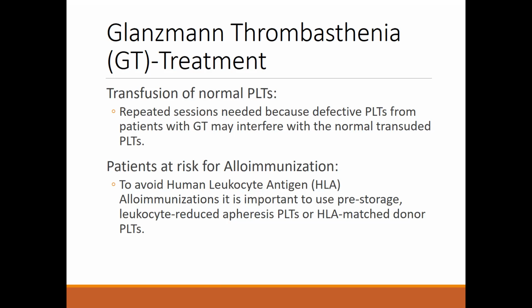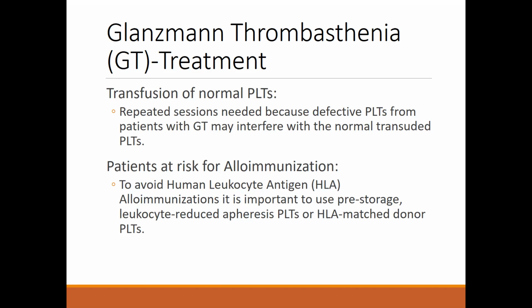Another thing is when there are a lot of transfusions going on in the patient, you always have a risk of alloimmunization, especially with the platelets. So to avoid alloimmunization with the human leukocyte antigen, it is important to use pre-storage leukocyte-reduced apheresis platelets, or you can also use HLA matched donor platelets as well.